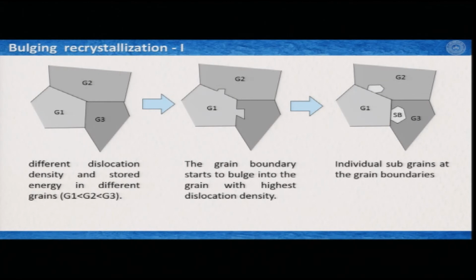So, let us start with the bulging recrystallization. What do we see here in these 3 illustrations? This is the initial stage, say A, this is the second stage B, and this is the third stage C. These 3 grains G1, G2 and G3 have 3 different shades of grey. The lower shade has the lower dislocation density.